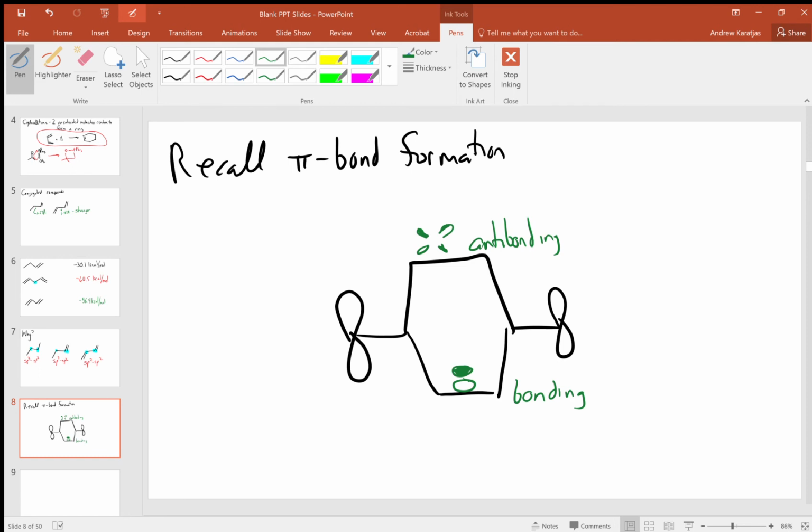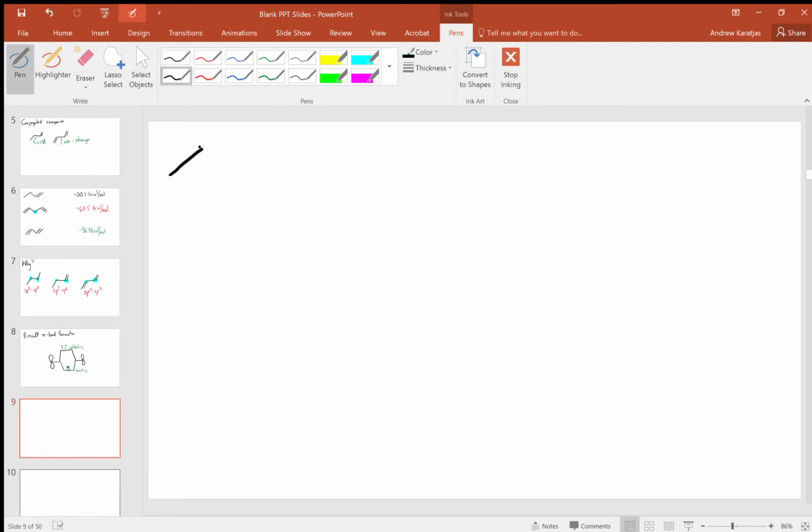Well, when we have a conjugated system, such as in butadiene, that means we have 4 consecutive carbons that are all sp2. And when we made the alkenes, or any pi bond, those extra p orbitals that were not involved in the hybridization were what combined to form the pi bond.